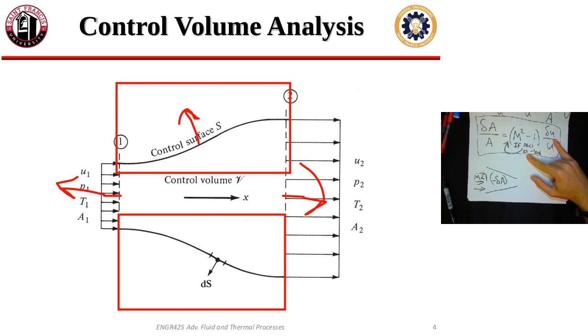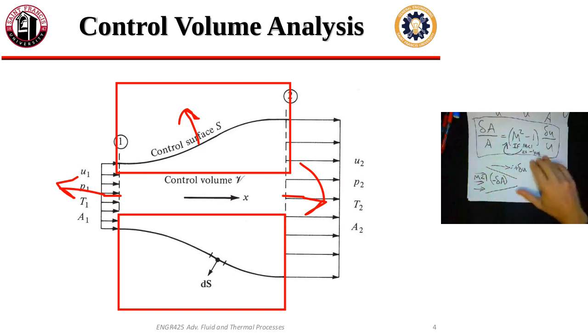Exactly. du has to be positive, which jives with how we think of subsonic nozzles, right? You crank down at the exit, and for a subsonic inlet velocity, you get an increase in speed.